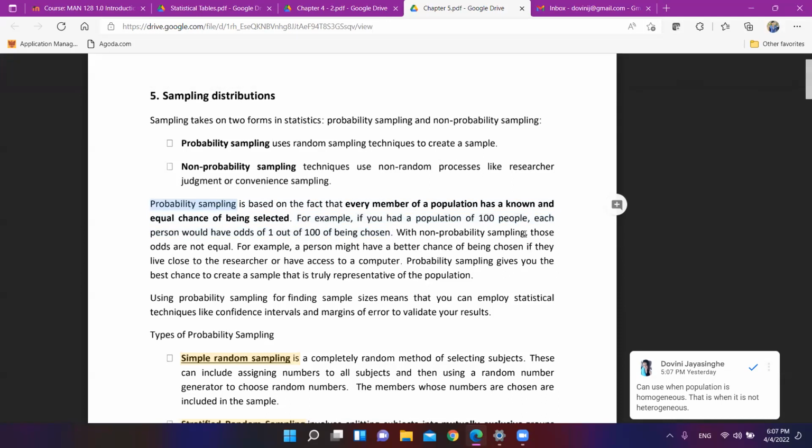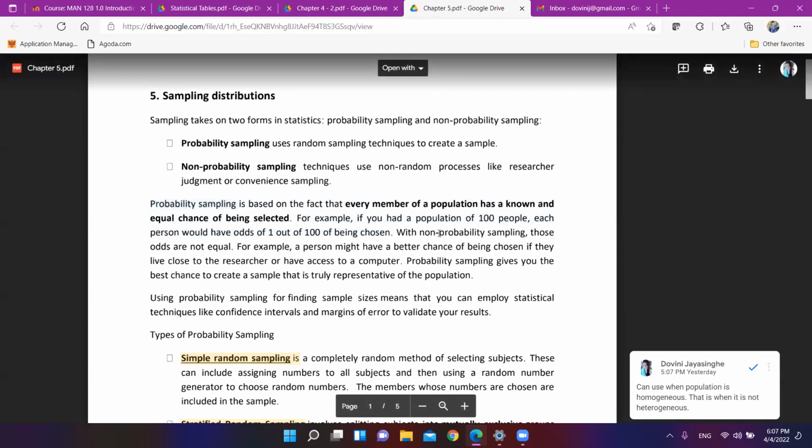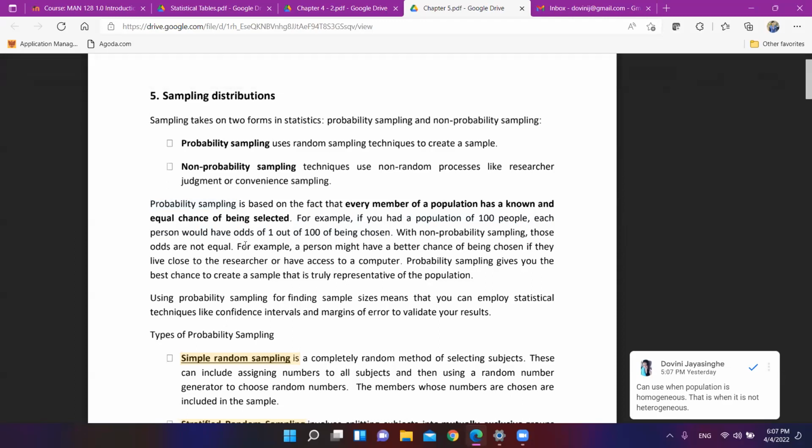With non-probability sampling, those odds are not equal, because it goes through a judgment. With judgments, I pick the ones I like.